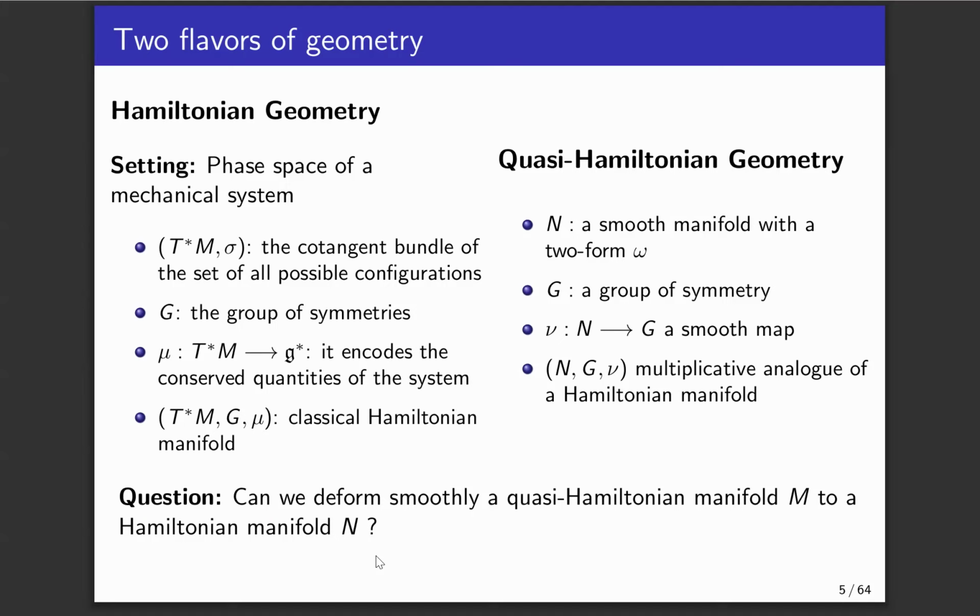And finally, if we consider the moduli space of G flat connections on some surface with boundary, then it deforms also to some interesting Hamiltonian manifolds. Then in this talk, we try to investigate these three examples.